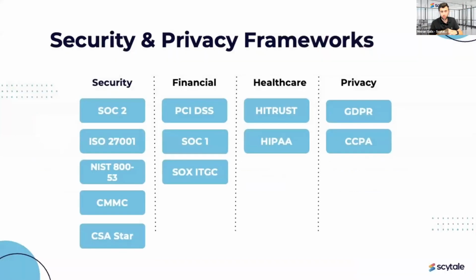So what we do, we know how to smartly manage and automate multiple compliance and privacy frameworks for any type of organization: SOC 2, ISO 27001, 27017, 27018, NIST, CMMC, PCI DSS, SOC 1, HITRUST, HIPAA, GDPR, CCPA, and more. We automate all of this process.